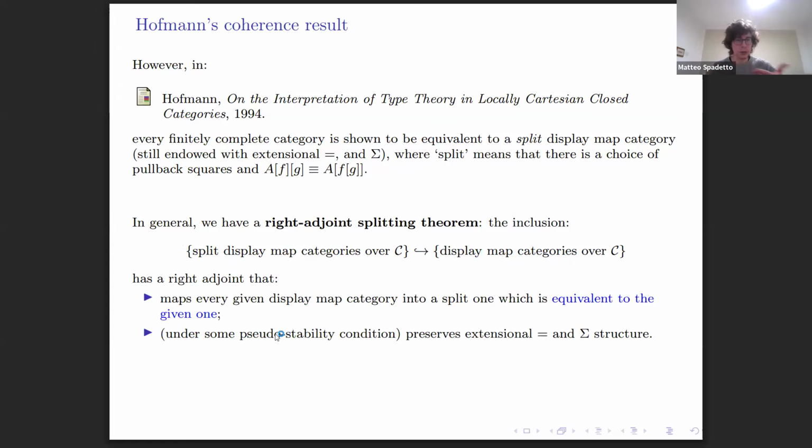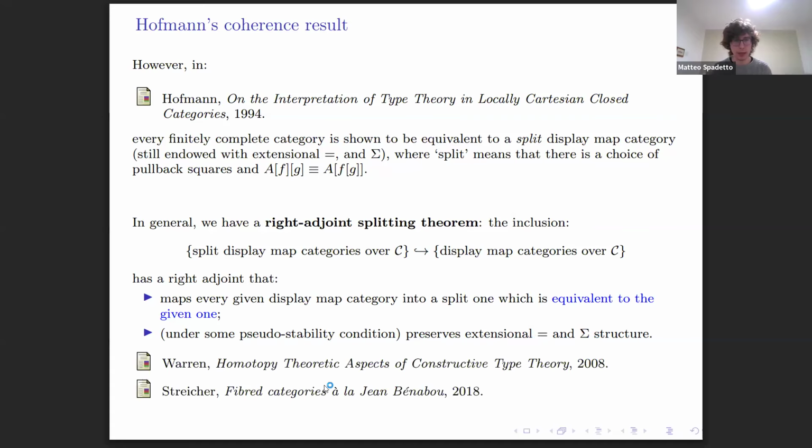And additionally, under some pseudo-stability conditions, which are exactly the conditions that are satisfied by a finitely complete category, if you require these conditions for a given display map category, then the right adjoint splitting will preserve extensional equalities and extensional sigmas. This was done by Warren, building on a categorical result by Benabou and Streicher.